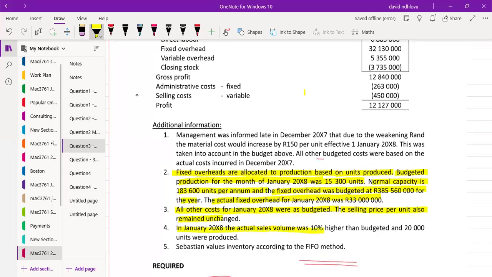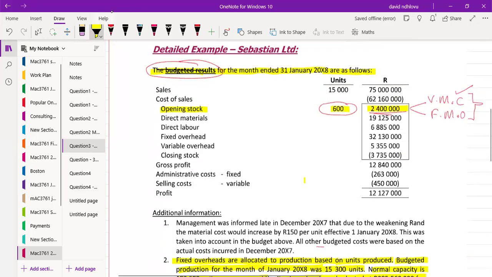Right, so we need to find out for this company what is the fixed manufacturing overhead allocating rate per unit. So we need to look for the fixed manufacturing overhead allocating rate, so that we can determine the value of the fixed manufacturing overhead that has been included there.